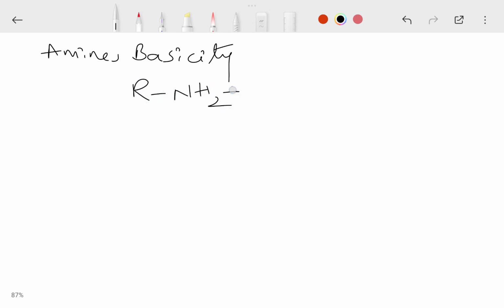Now applications. For example, we are talking about amine basicity. The basicity of amines can be shown by this equation. For example, RNH2 plus HOH gives RNH3 plus and OH minus.